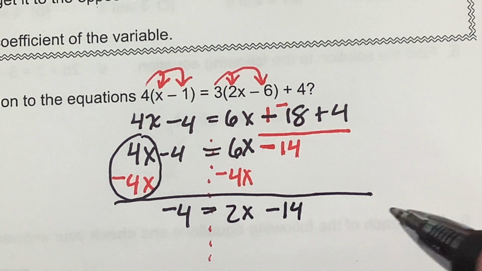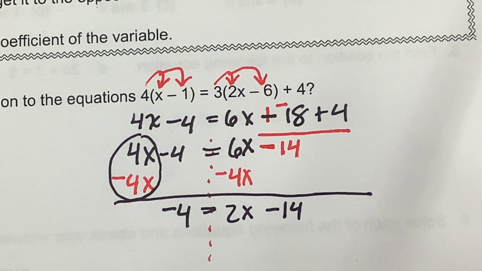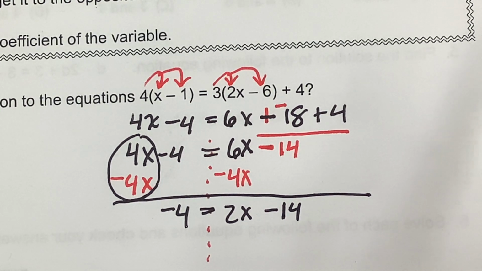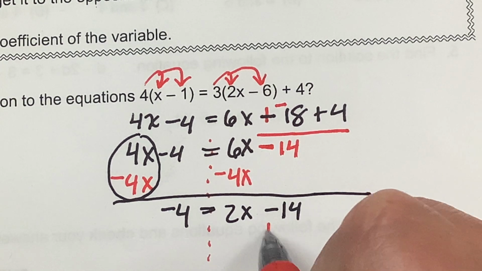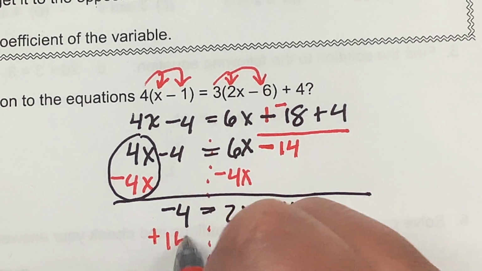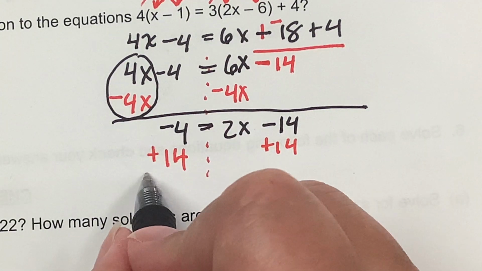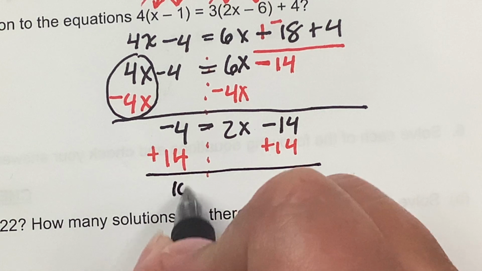So now, to get everything on the same side, I am going to add 14 to both sides. So plus 14. Again, inverse operations. To get it to the opposite side, you have to do the inverse. So negative 4 plus 14 is 10.